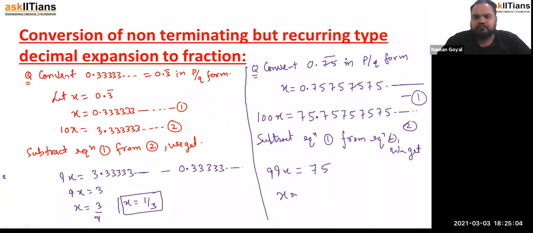So the value of x is what, 75 upon 99. Now if you see, these two quantities are divisible by 3, right? So you can divide that quantity by 3. So if you divide that quantity by 3, then what you will get, 25, right, for the numerator part, and 33 for the denominator part. So the answer for this particular question is what, 25 upon 33.